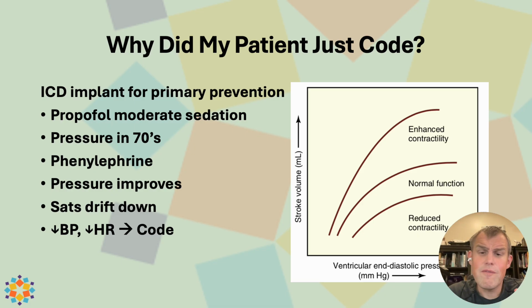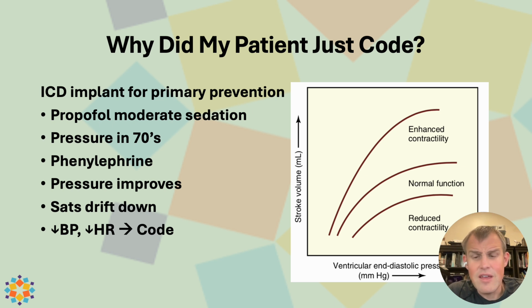But as that curve gets flattened, and you can see that happens with reduced contractility, that's the line on the bottom, the amount of increased stroke volume or increased squeeze with increasing preload decreases. What actually happens is you get to a point where increased preload has no change on stroke volume.